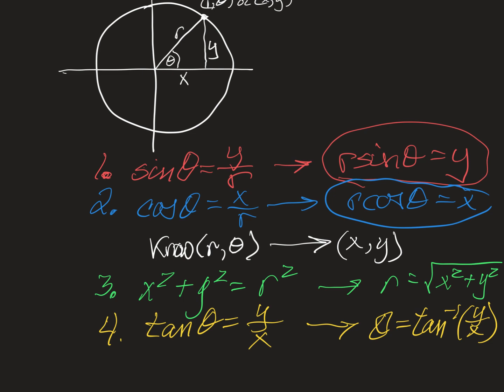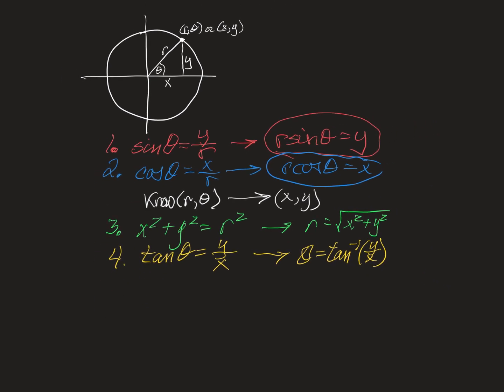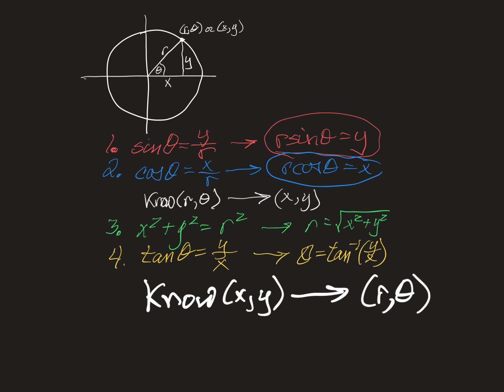I'll just tell you that right now. It's another way to find slope. Anyway, if you know xy, then you can convert it to an r theta using these formulas.